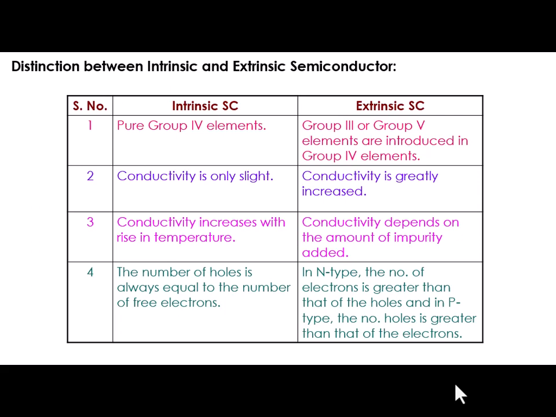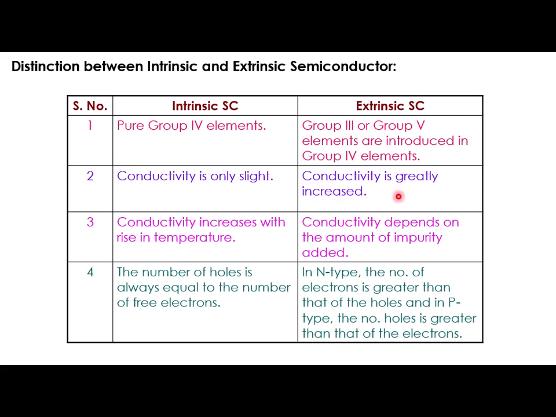In an intrinsic semiconductor, the conductivity is very low. Whatever conductivity you get is due to intrinsic charge carriers generated thermally by exciting electrons from the valence band to the conduction band.